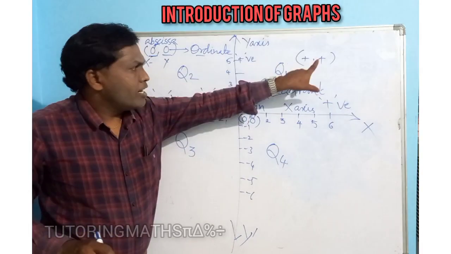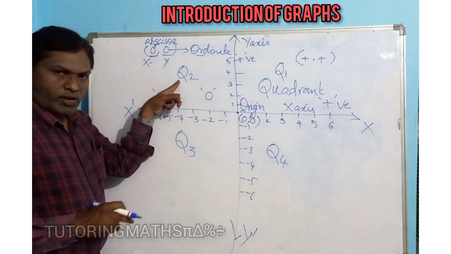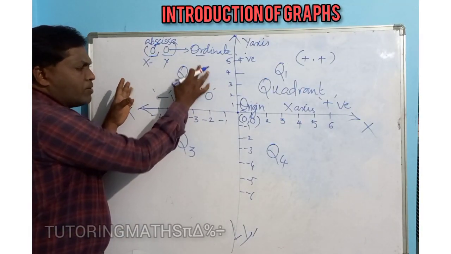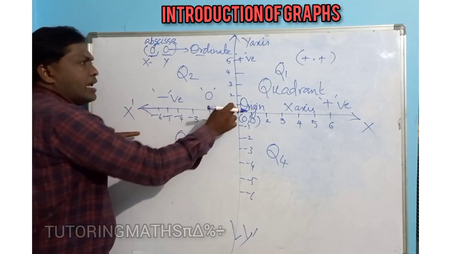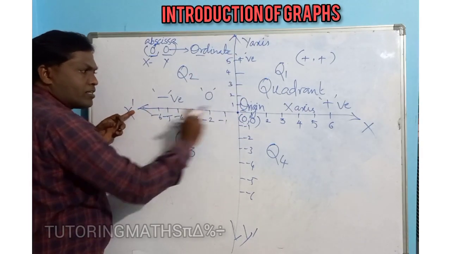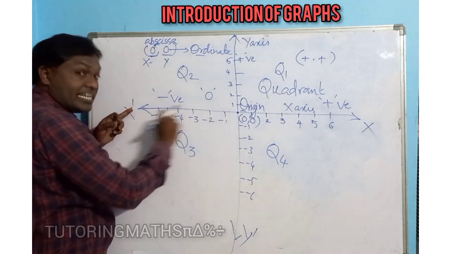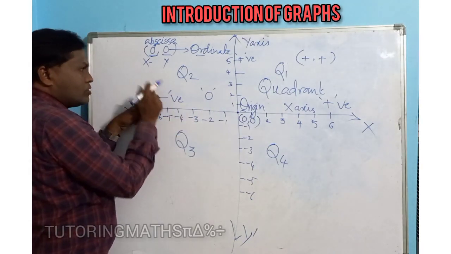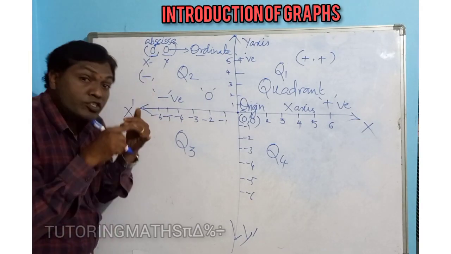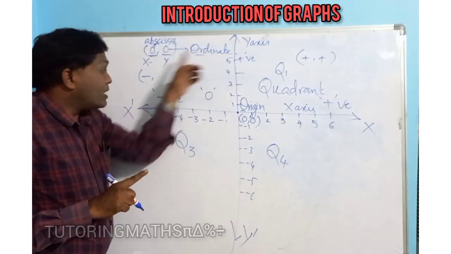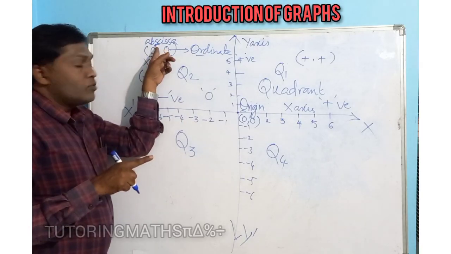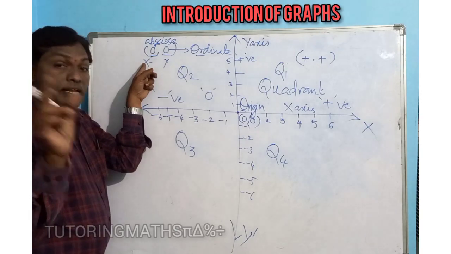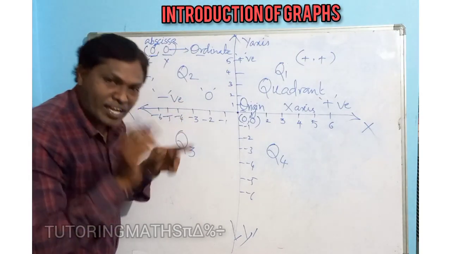Now in the first quadrant, positive positive, and the second quadrant is formed with the help of this horizontal line and this vertical line. What are the values on this axis? It is the negative x-axis, so we get negative values, minus. Sir, why should we take minus first? Why don't we take plus? Because according to the standard form of a point, the first one should be the x coordinate and the second one should be the y coordinate.